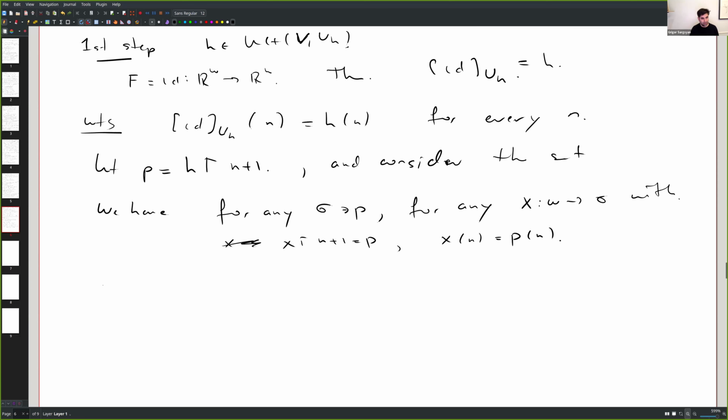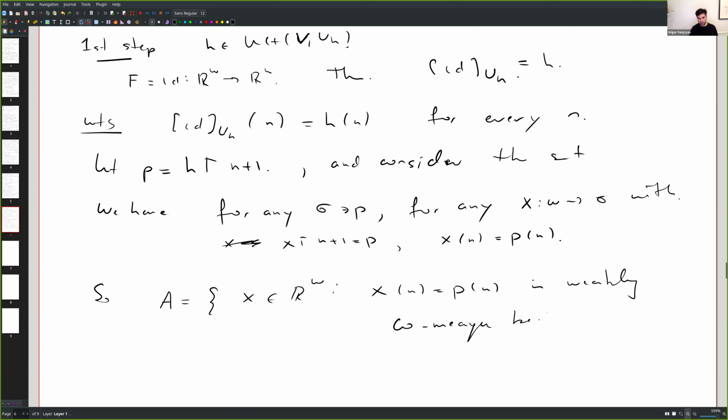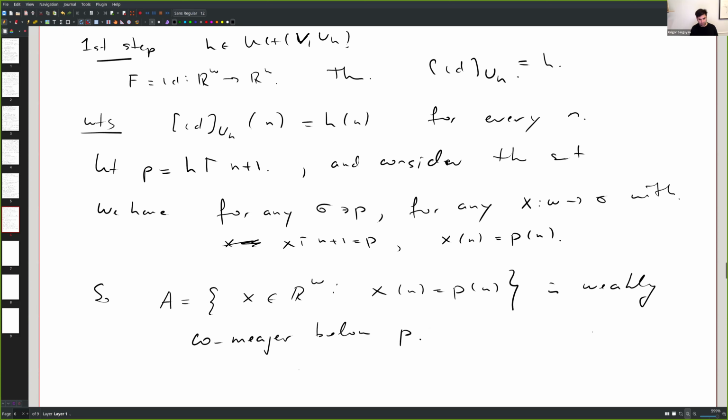So the set A, which is just R to the omega such that Xn equals Pn, is weakly omega below P. But what does this mean?